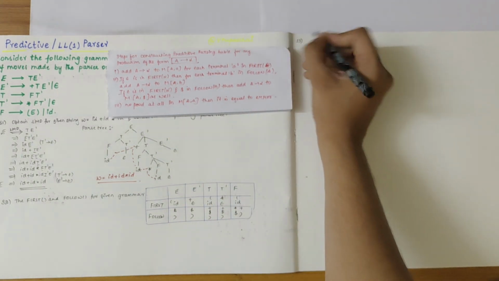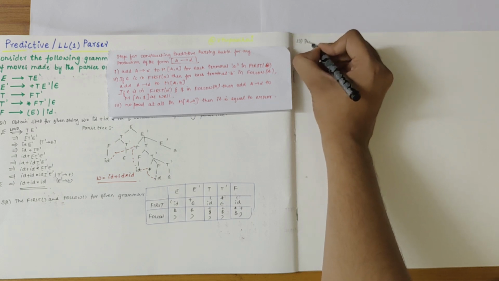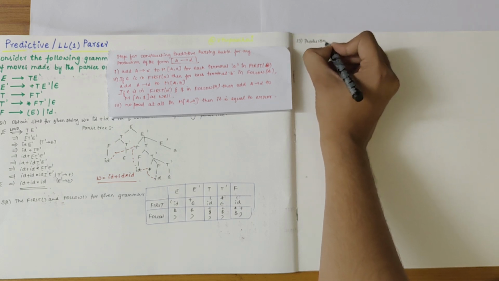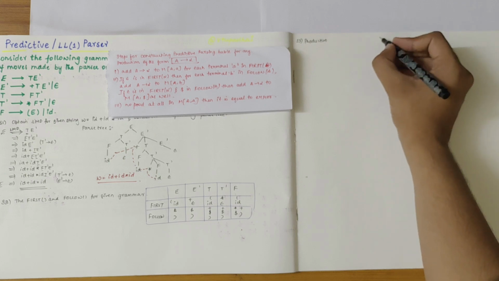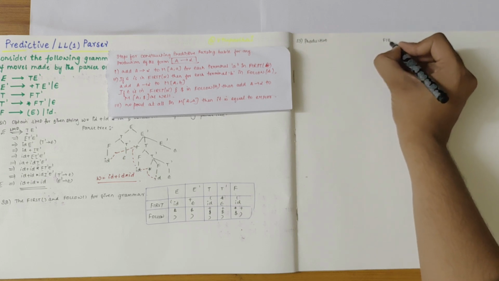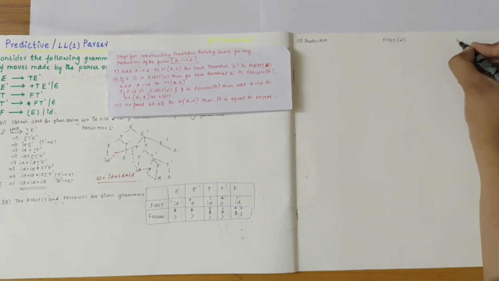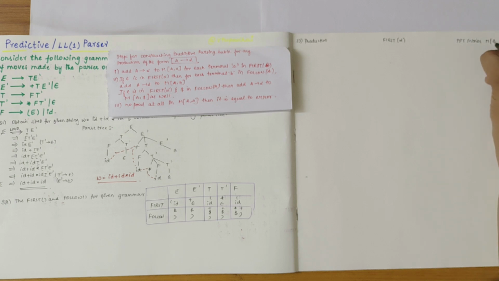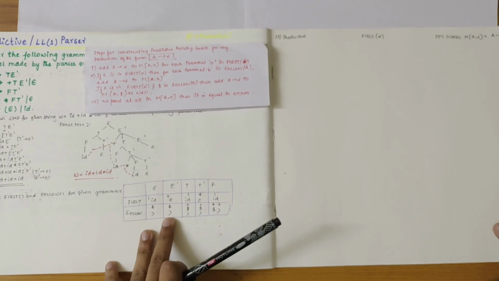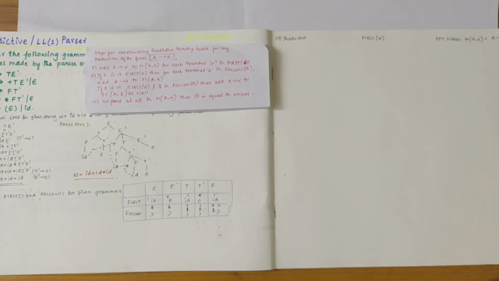The table would comprise of production, followed by that the first of alpha, and then we have the predictive parsing table entries, that is M of A comma small a should be equal to A derives alpha. So let me draw a table for this first.